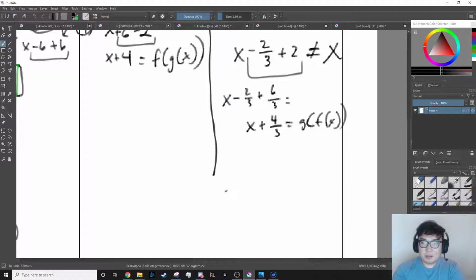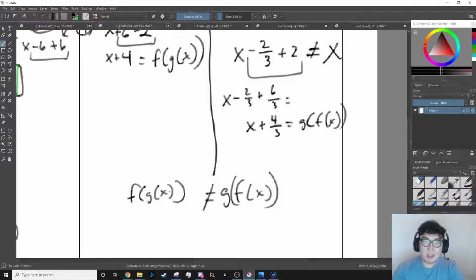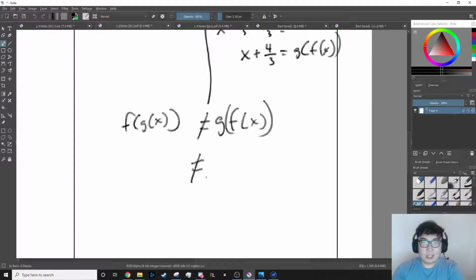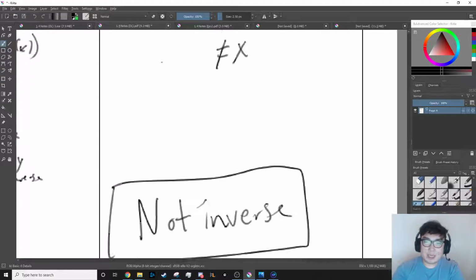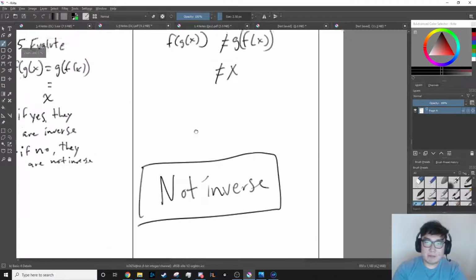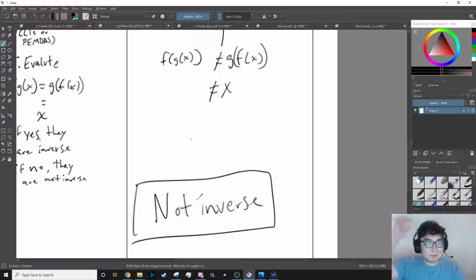So g of f of x is not equal to f of g of x. And both of these do not equal x. And this proves that these are not inverses of each other.